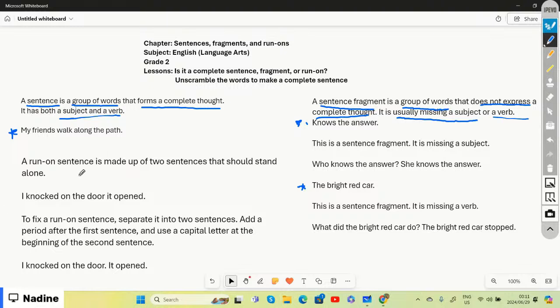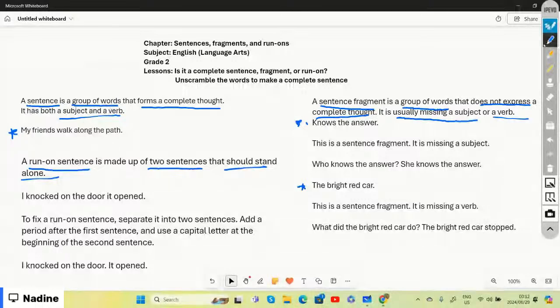And now we have a run-on sentence. We spoke about sentences, we spoke about sentence fragments, and now we're on run-on sentences.